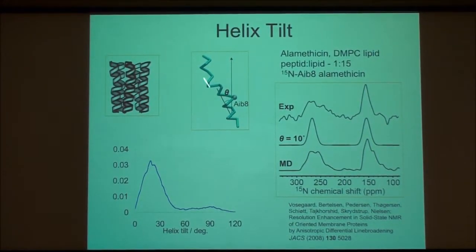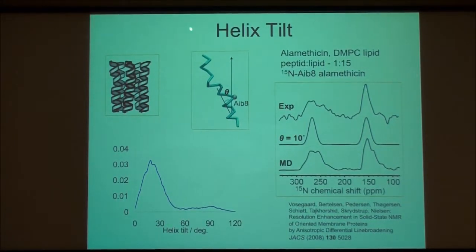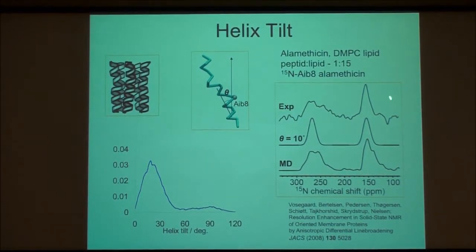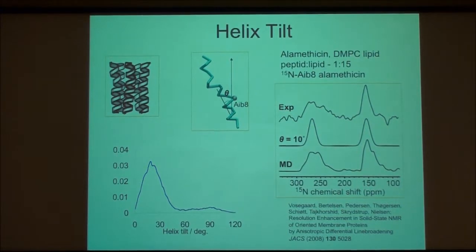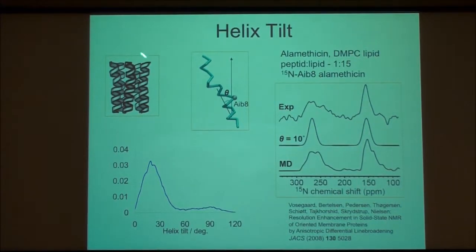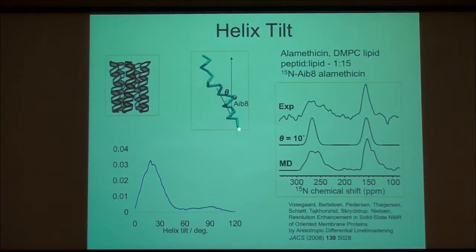And if you look at the result that we got from our MD simulation to reproduce that kind of experimental property, you can see a disordered configuration of this molecule captures the experimentally observed property very closely. So after this work, we actually suggested that what people think is not really true. Most of the time, we have a tilted and highly disordered structure of the peptide in the membrane.